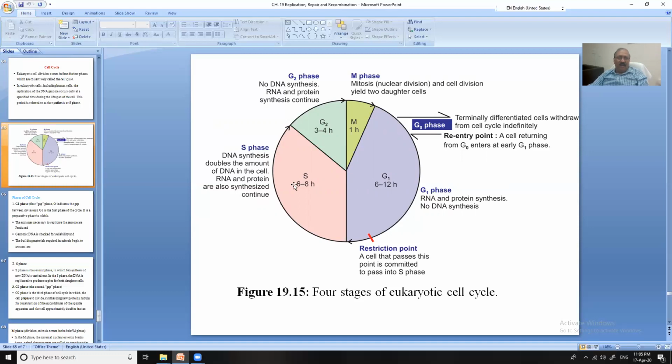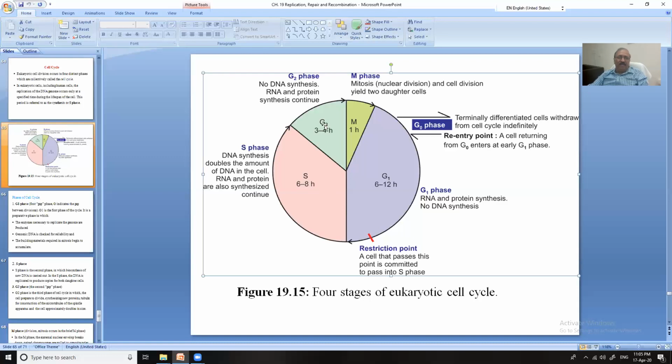In the S phase, DNA synthesis doubles the amount of DNA in the cell. RNA and protein are also synthesized continually. So DNA doubles; replication happens here in the S phase.